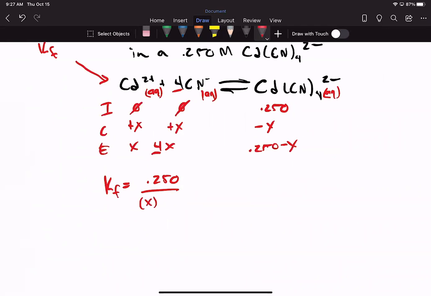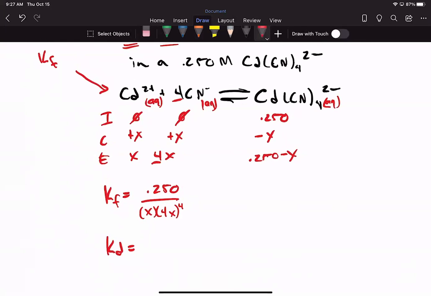So we're going to have x times 4x to the fourth, which means that our KD is equal to the inverse of that.